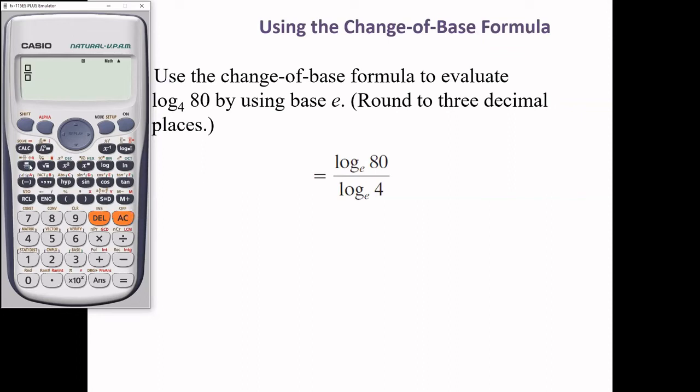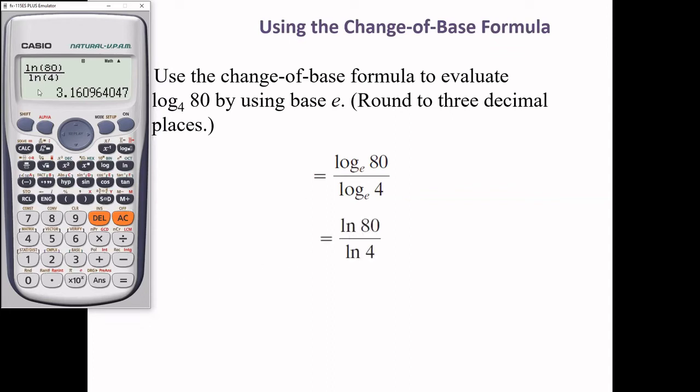We could use the fraction key, put in natural log 80, close the parentheses, go down, natural log 4, close the parentheses, get out, equals. Now let's see what they did.